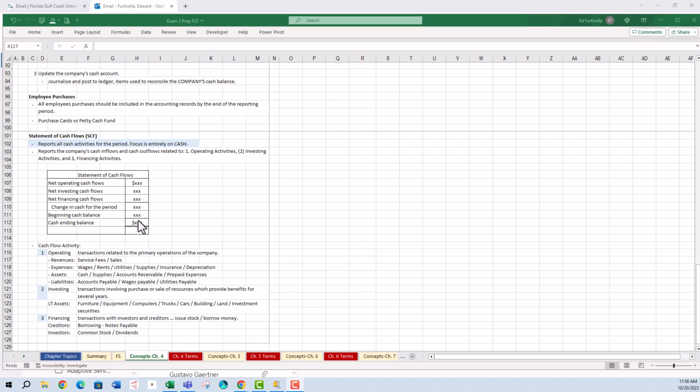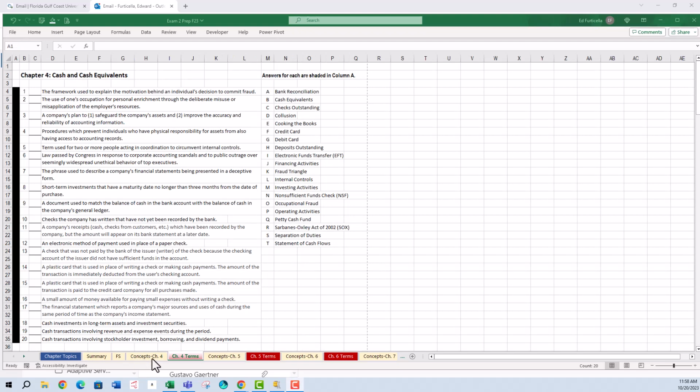That ending cash balance will agree with the cash amount in your general ledger, with your balance sheet, and with your bank reconciliation. We'll do a few problems in a few minutes.